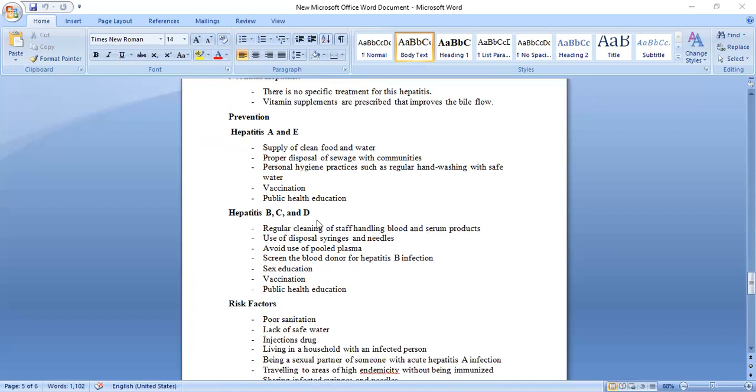Okay, now B, C, D: regular cleaning for the staff handling blood and serum products in the laboratory. Because this is due to what? Contact with the needle, isn't it? So the staff should wash their hands carefully.